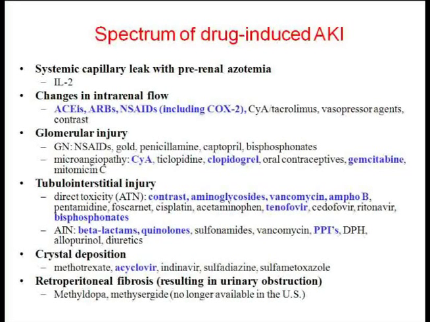It can happen by a variety of mechanisms: systemic capillary leak, changes in intrarenal blood flow, glomerular injury, those are not particularly common, tubular interstitial injury, either as tubular necrosis or as interstitial nephritis, and those two are the most common causes associated with drugs. And it can happen as crystal deposition or very rarely retroperitoneal fibrosis, because we don't use those drugs anymore. But the bottom line is, think drugs.